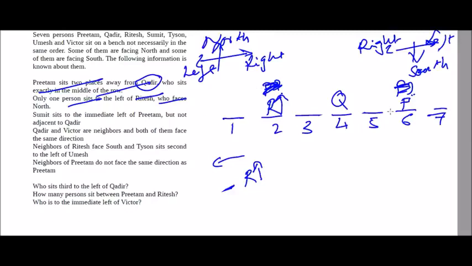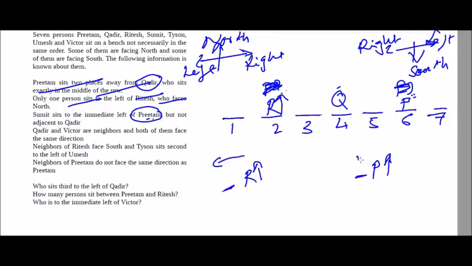Okay, now the next thing that we need to look at is make sure that we link whatever information that we have. So if we have any information about Kadir, Preetham or Ritesh, we should look out for these people. The next one says Sumit sits to the immediate left of Preetham but is not adjacent to Kadir. Okay, so we have Preetham here. We already know Preetham is in 6. Now if Preetham faces north, immediate left will be this.